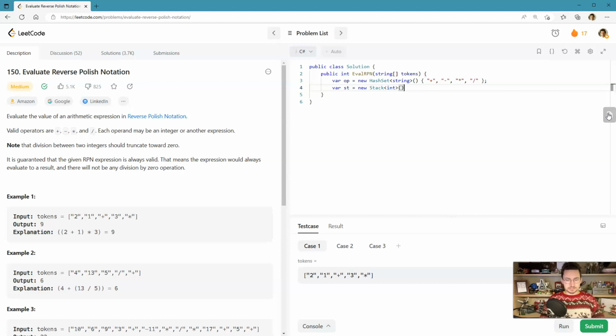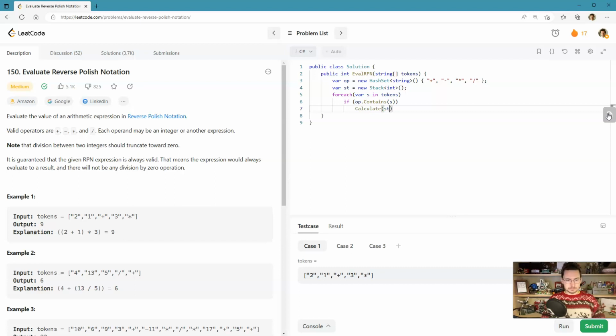We will parse our values and we will store only values on this stack, not operations. And for s in tokens, if s is an operation, then we will calculate.